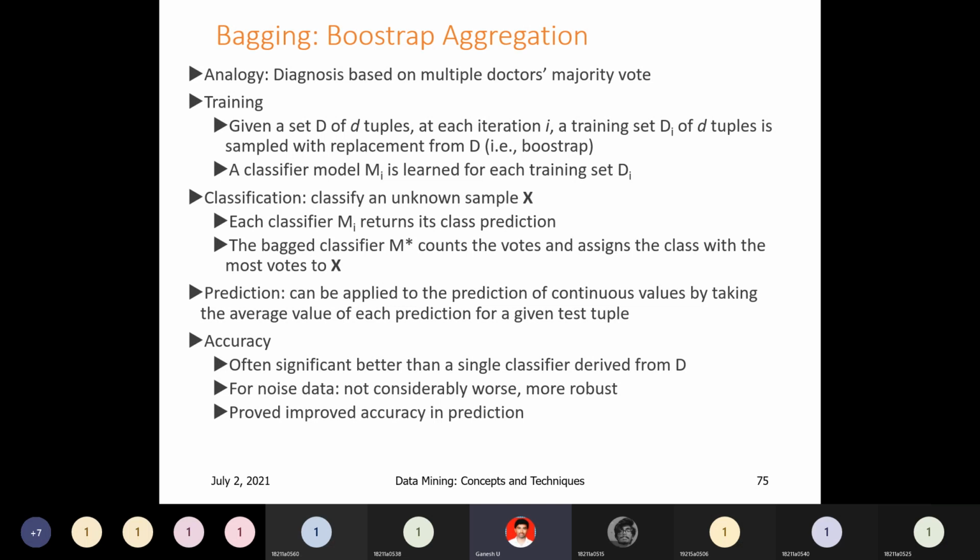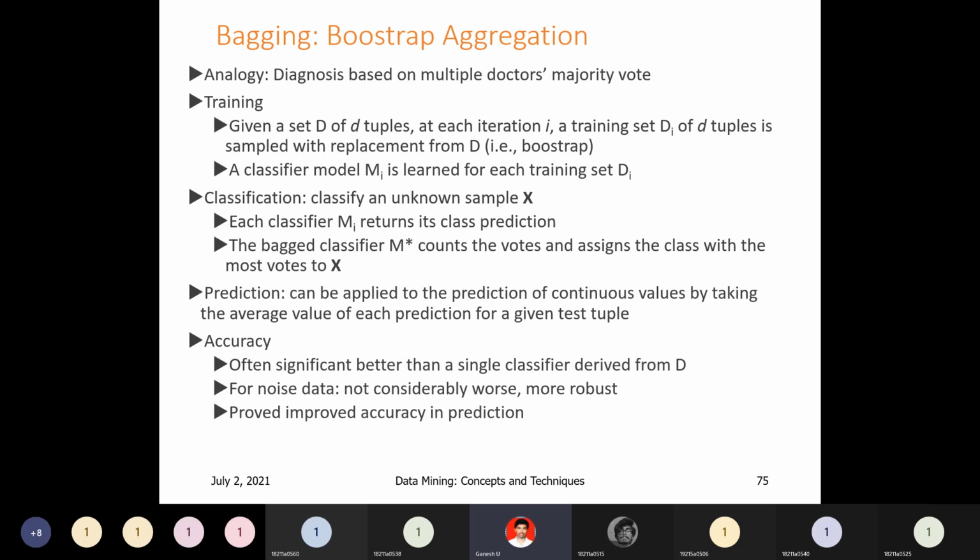In classification, bagging can be used, and in prediction also bagging can be used. In classification, the class label with the highest votes is assigned. Here in prediction, the average value of each prediction is taken, the complete average of all predictions is the result.